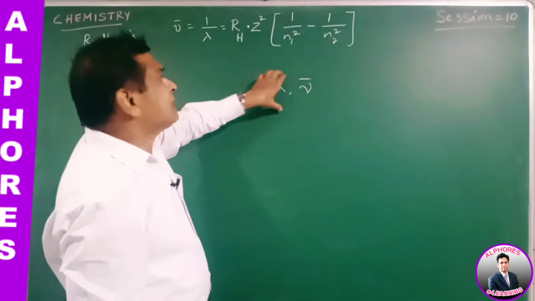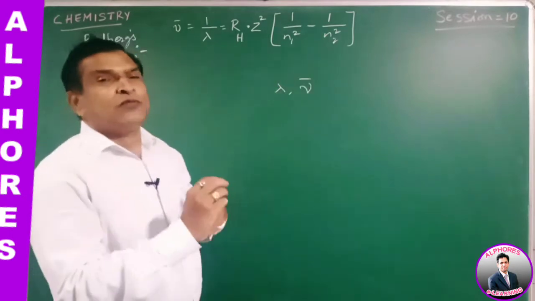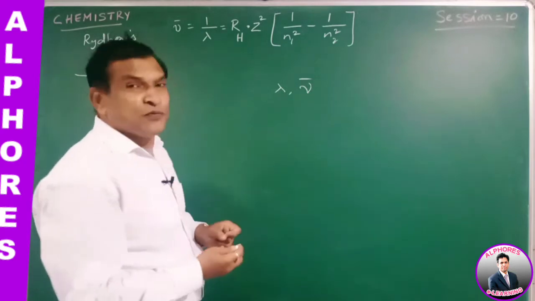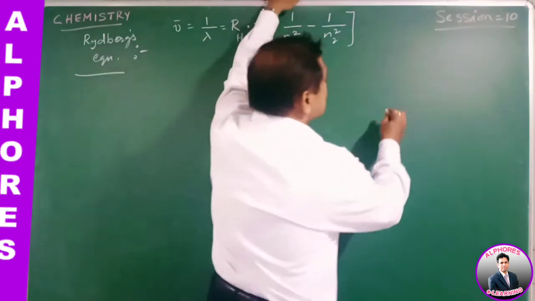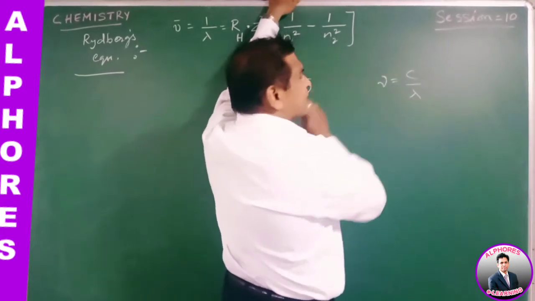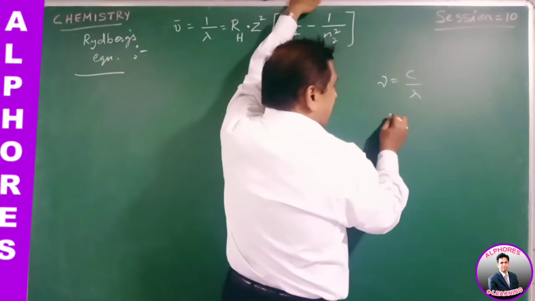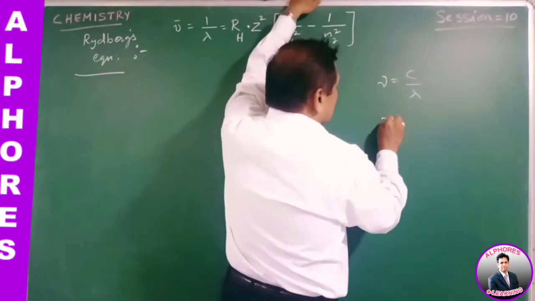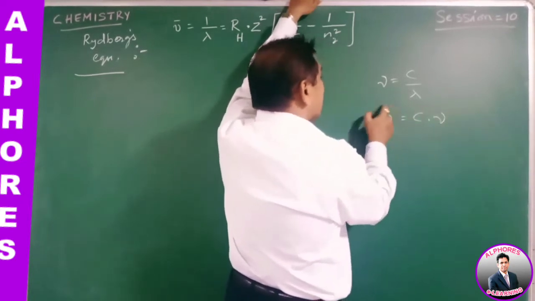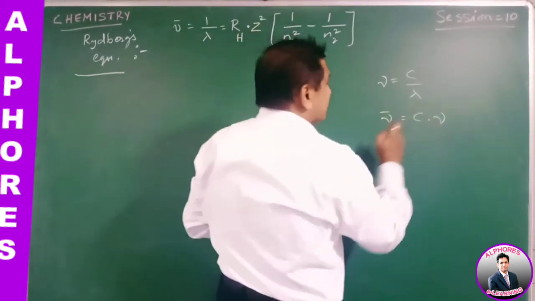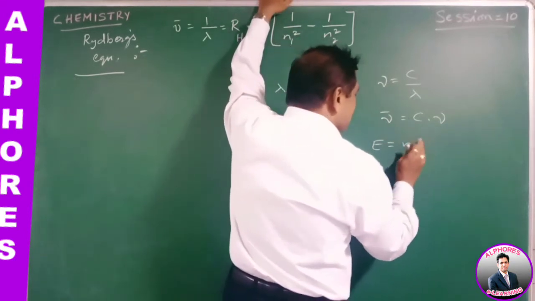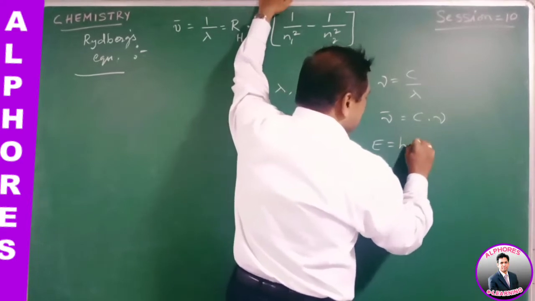Once wavelength and wave number are calculated, we can calculate other relations like energy and frequency, because we know the relation nu is equal to C by lambda. Using this lambda we can calculate frequency, and nu bar is equal to C into nu. That means using the wave number we can calculate frequency, and we can also calculate E is equal to h nu.